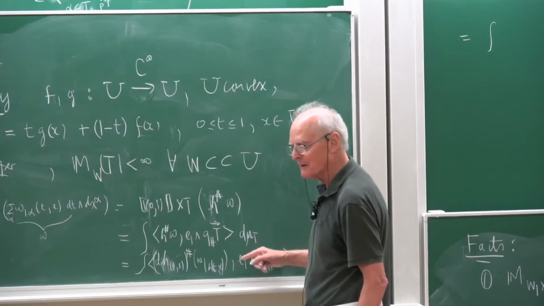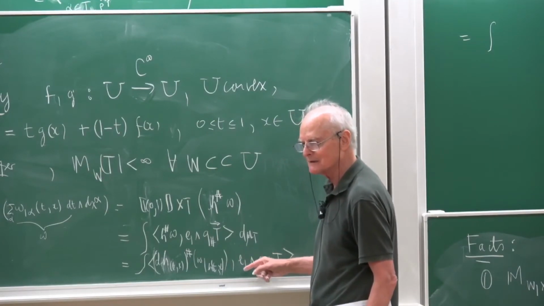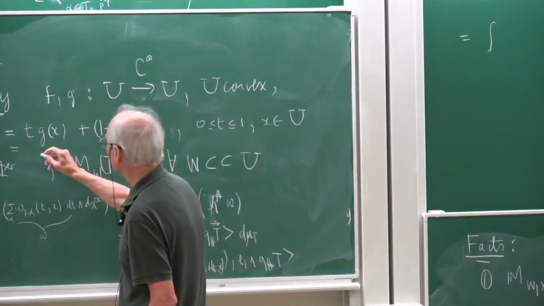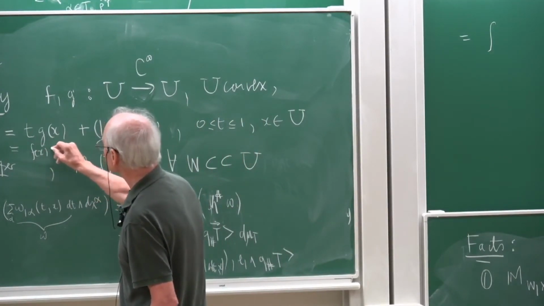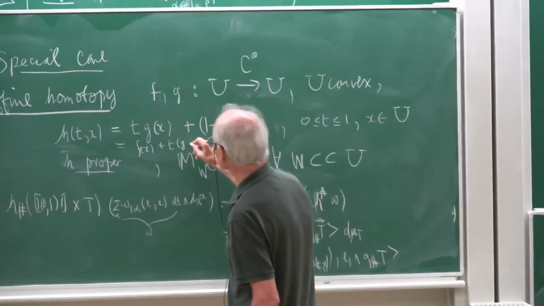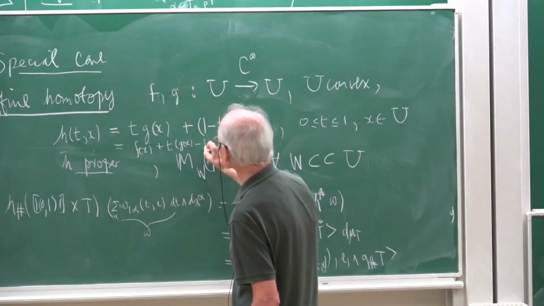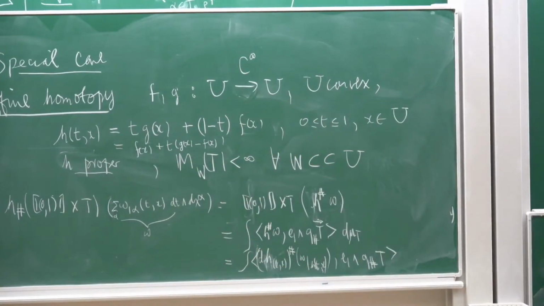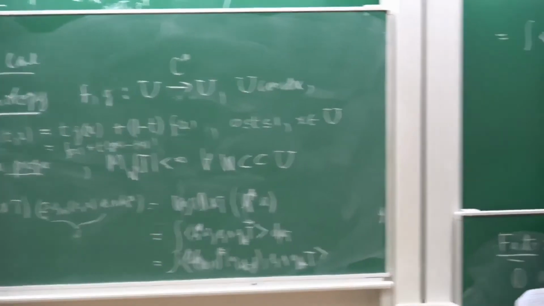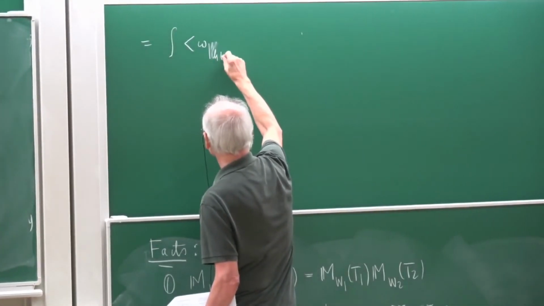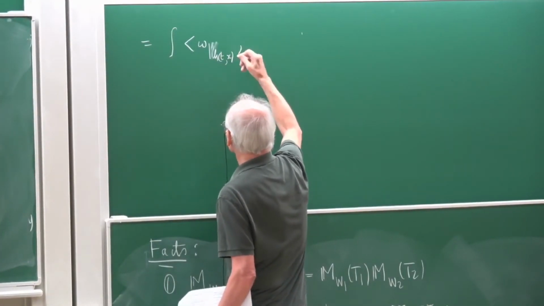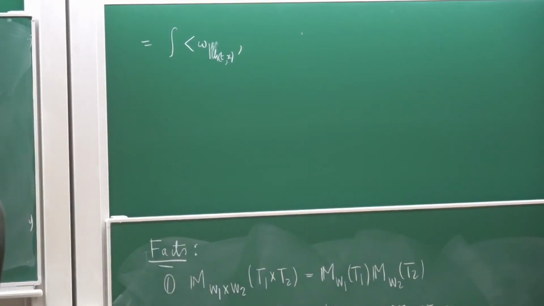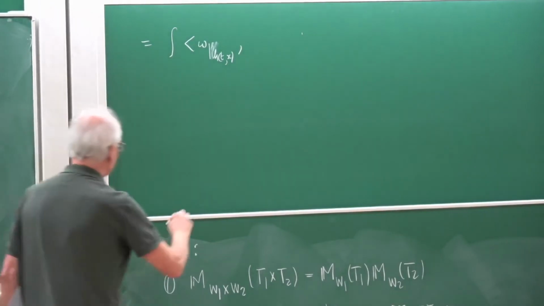This E1 gives you the partial derivative of h with respect to t. Notice this is f of x plus t times (g of x minus f of x), an affine homotopy. So you'll get omega at the image point h(t,x), dual paired with the partial with respect to t. Now the partial with respect to t is just g minus f.